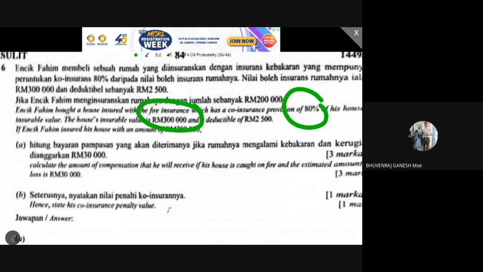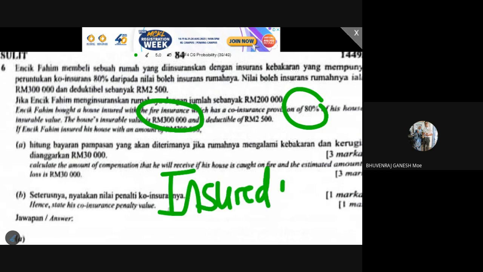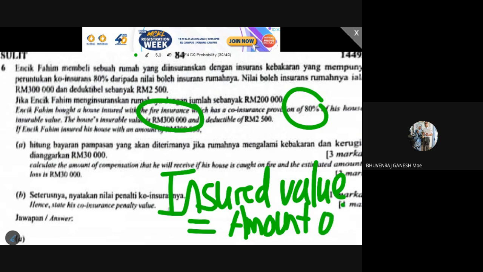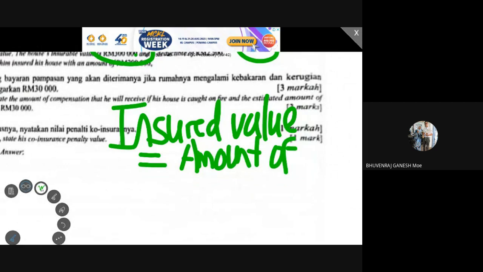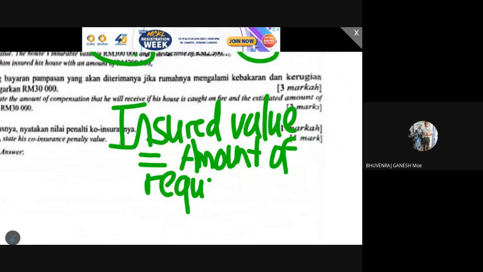80% times 300,000. Dalam BM pun boleh kata, BI pun boleh kata, langkah tu, kita cari apa sekarang? Yes, correct, insured value. Insured value actually has another term also in English. Insured value is basically the amount of insurance purchased.